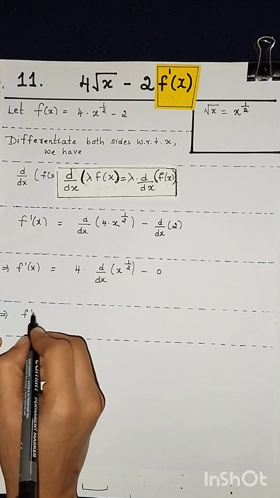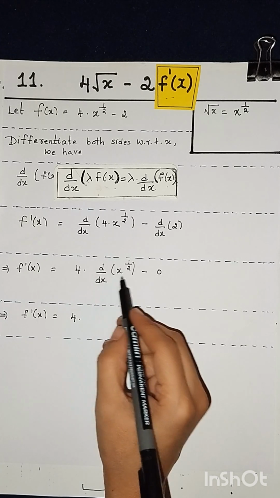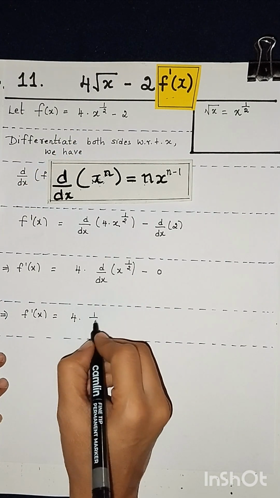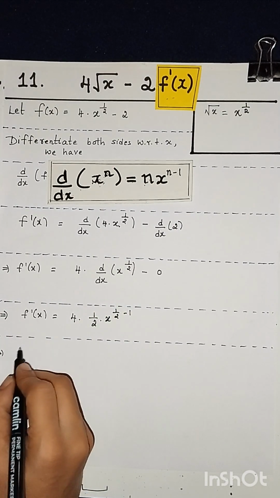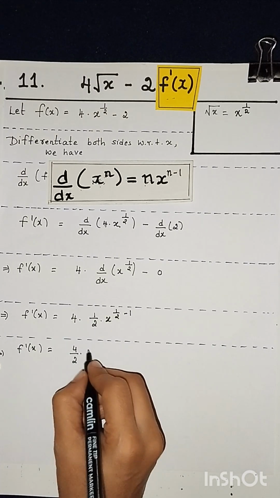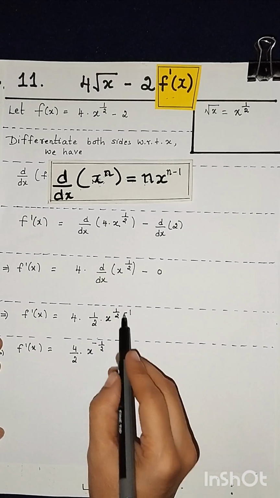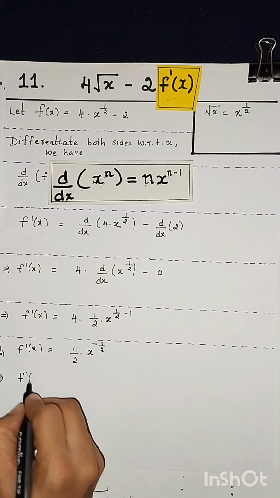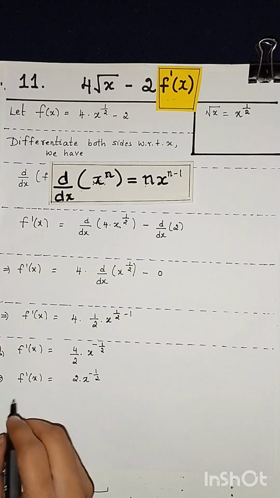So this implies f dash of x is equal to 4 into, now derivative of x power n, which is 1 by 2 into x to the power of 1 by 2 minus 1. This implies f dash of x is equal to 4 by 2 into x to the power of half minus 1 is minus half, right? Now this implies f dash of x is equal to 2 into x to the power minus 1 by 2.